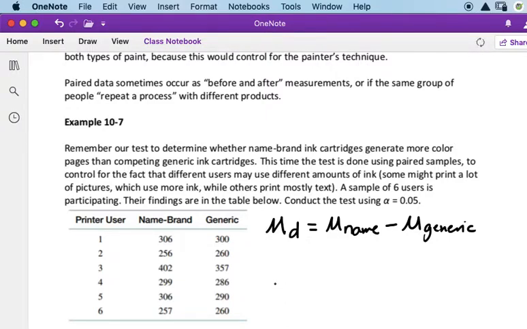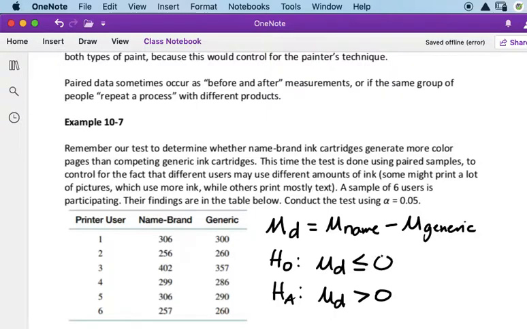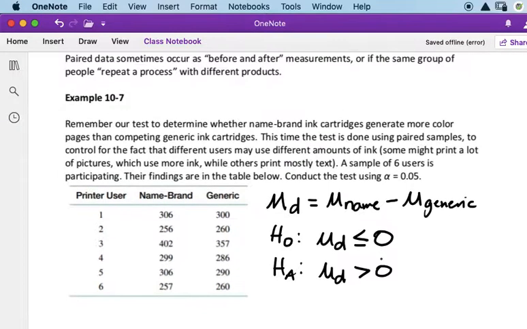For my alternative hypothesis, this difference is going to be greater than 0 because I'm thinking that the name brand might print more pages than the generic brand cartridge, and so that would make this difference a positive number because the name brand is going to be bigger. So my alternative hypothesis is that mu d is greater than 0, and that means that my null hypothesis is the opposite of that, so it would be that mu d is less than or equal to 0. So those are my hypotheses.